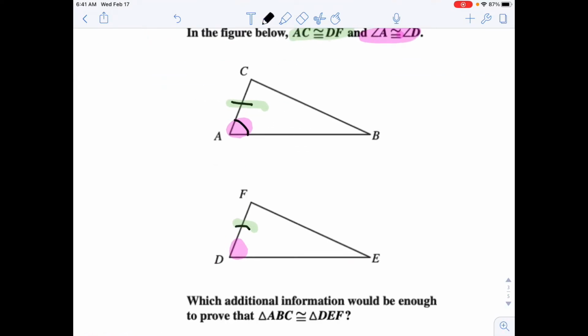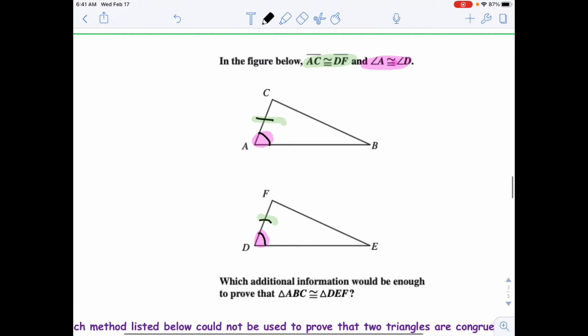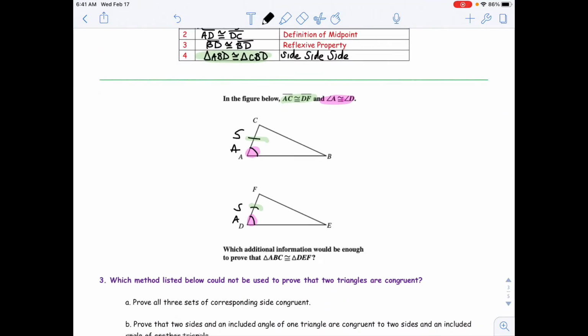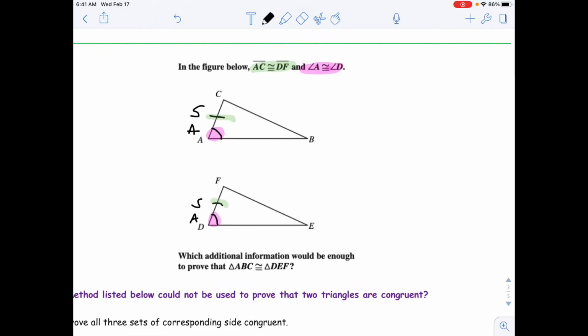These arcs right here say that those angles are congruent. Don't forget that arcs tell you what's congruent to what in terms of angles. All right, so in the figure below, we have a side and an angle for both of these triangles. Which additional information would be enough to prove that triangle ABC is congruent to triangle DEF?